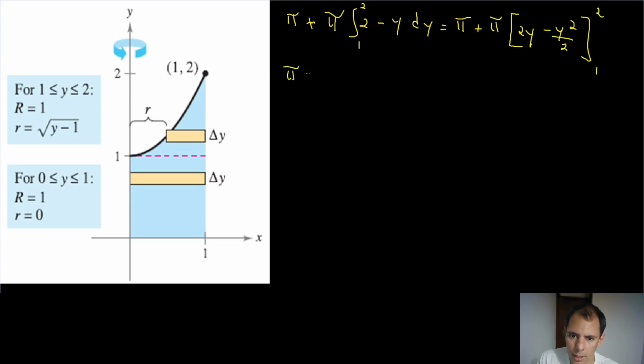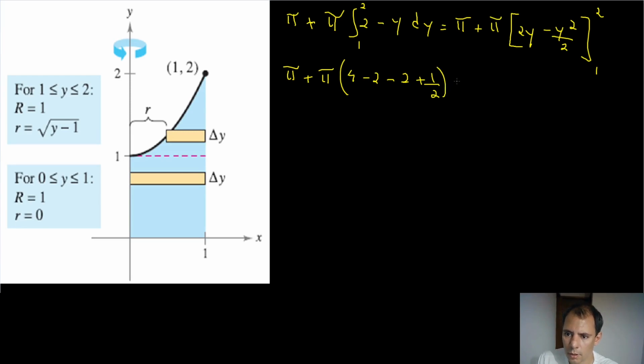So it'll be pi plus pi times 4 minus 4 divided by 2, which is 2 minus 2. Now we put in 1 here, it'll be 2, but it's minus minus 2. And you have this 1, so it's half minus half, but it's plus half.